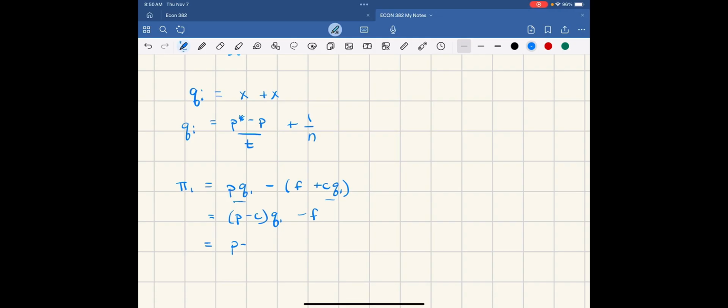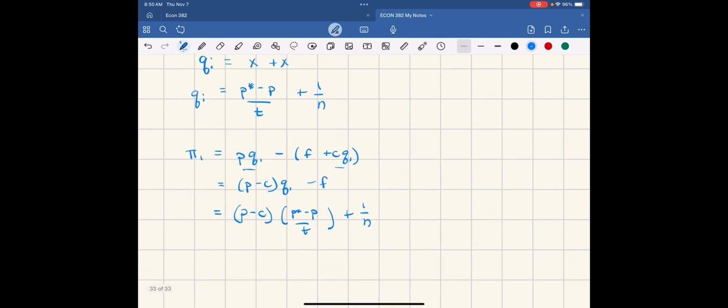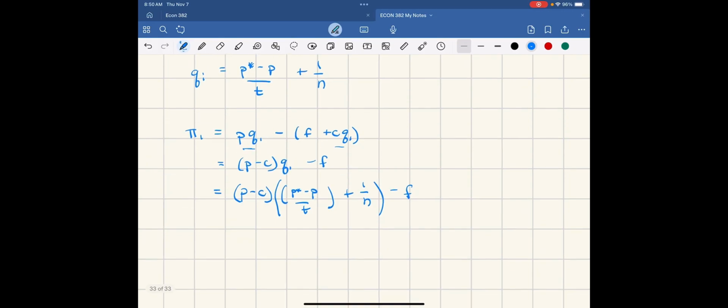So this is P minus C times P star minus P over T plus 1 over n. Sorry, I should subtract, so we have this minus F. We have to take off our fixed cost.